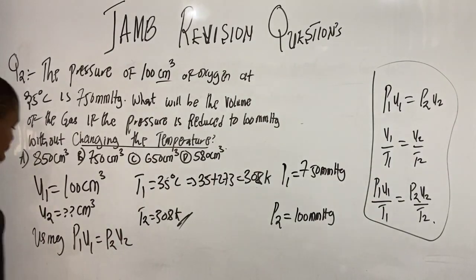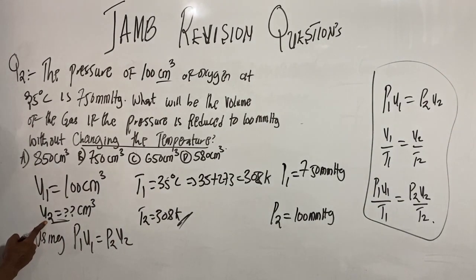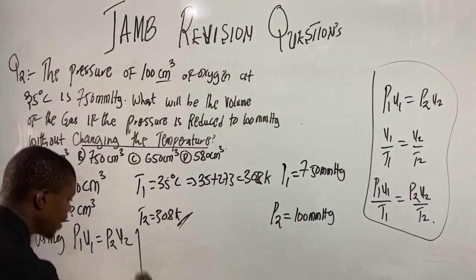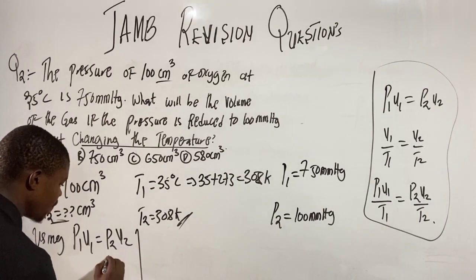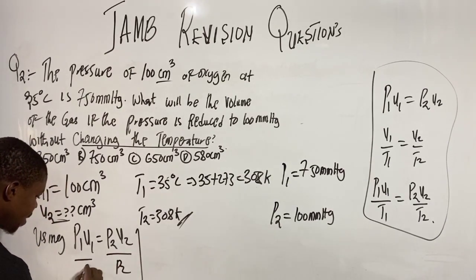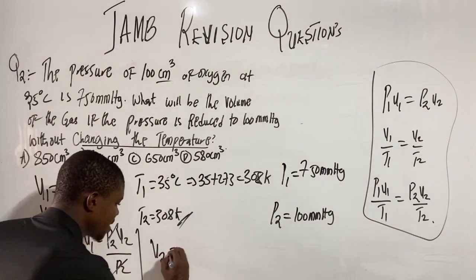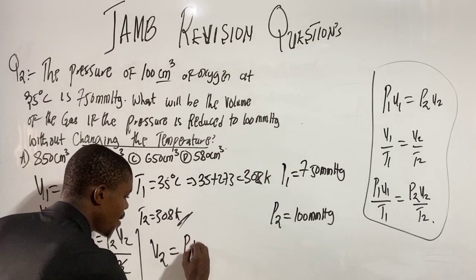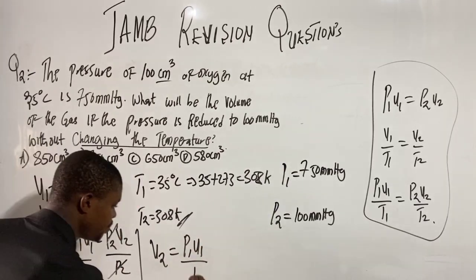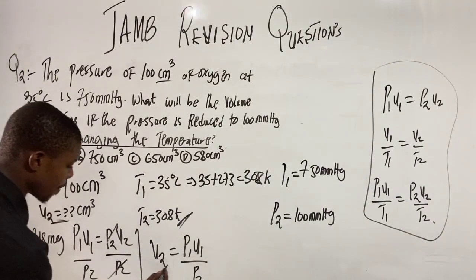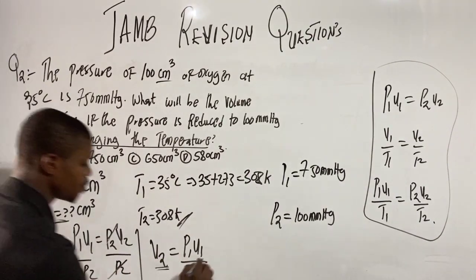Do you understand? Now what am I looking for? I'm looking for V2. So if I want to make V2 the subject of the formula here, it is going to be divided by P2. So V2 is equal to P1 V1 over P2. Now I want to substitute my values.